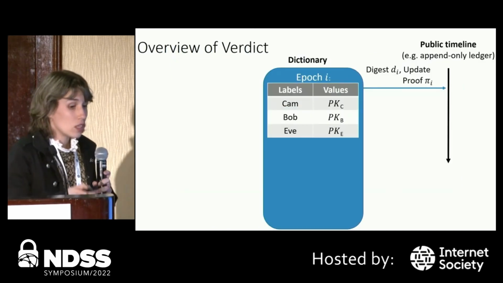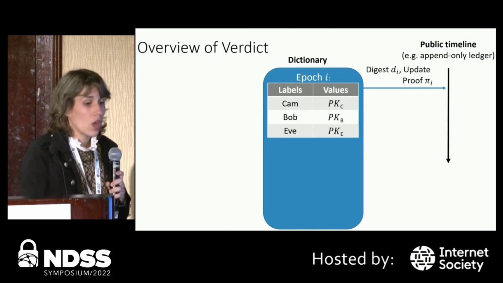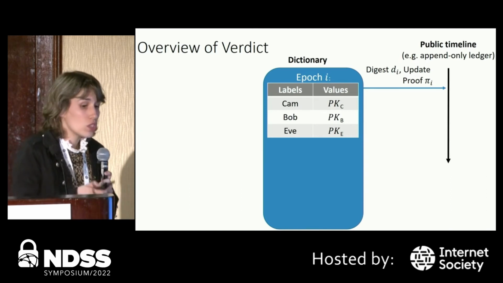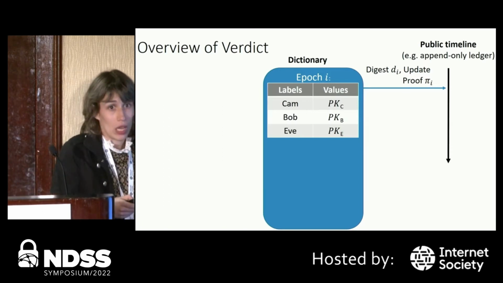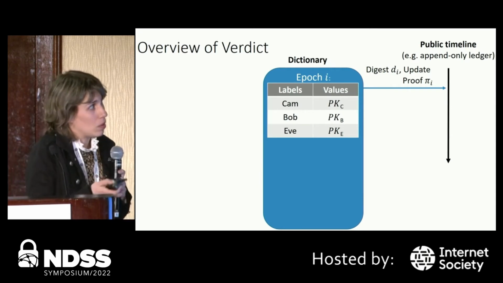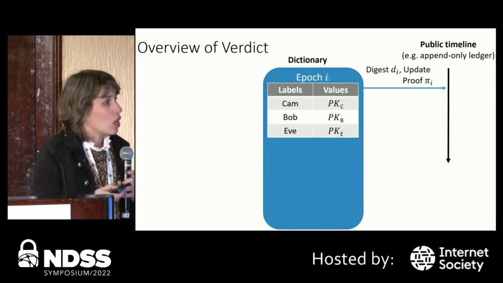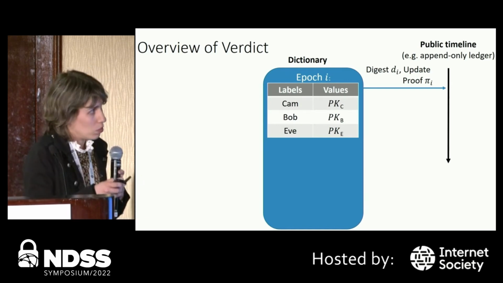Verdict represents a state using a cryptographic accumulator and works in epochs. At the beginning of each epoch, the service commits to its state by publishing a digest to a public timeline. This public timeline can be a public ledger, such as a blockchain. It also produces an update proof that I'm going to come to in a bit.